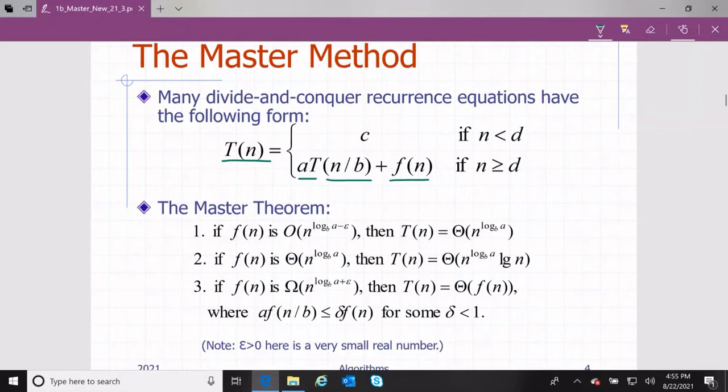If n is greater than or equal to d, and d usually is b. If d is smaller than b, we have no way to divide it into b components. So if n is smaller than b, we will not do the divide, we get c as the constant.